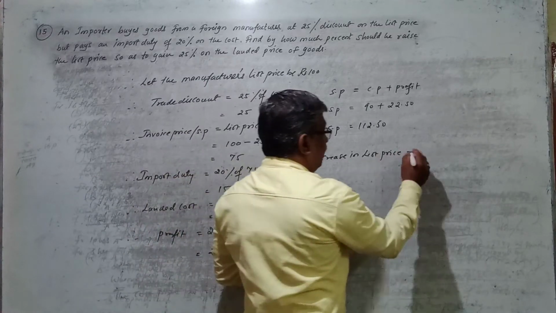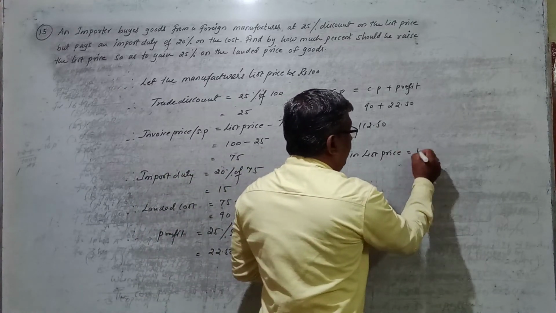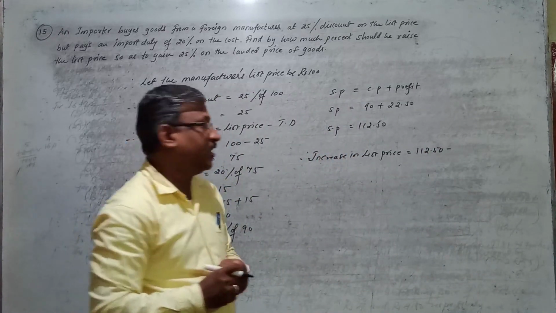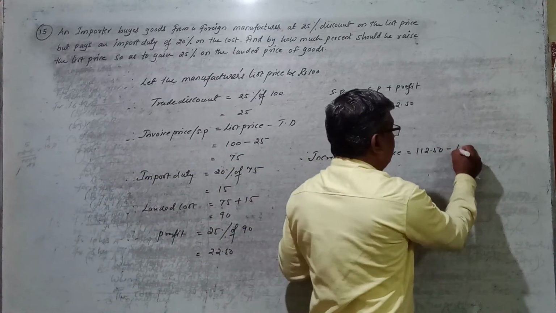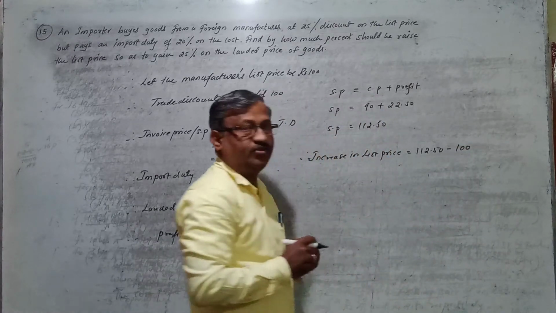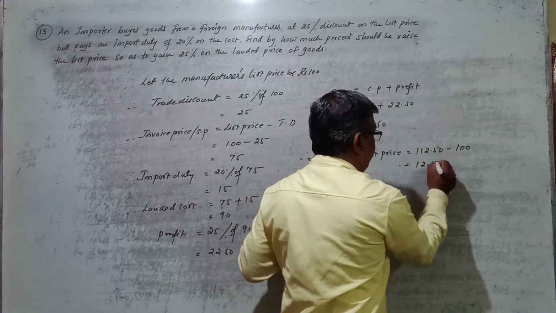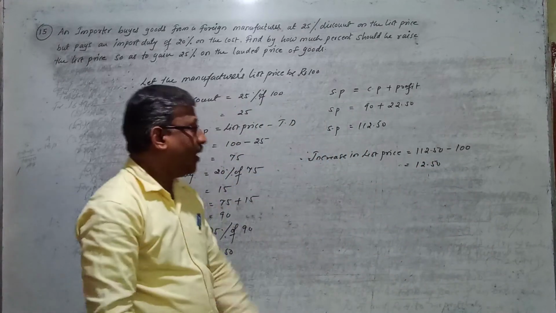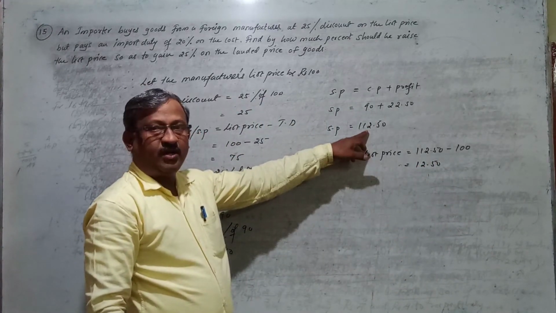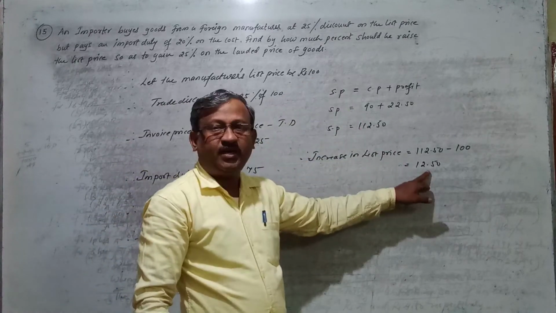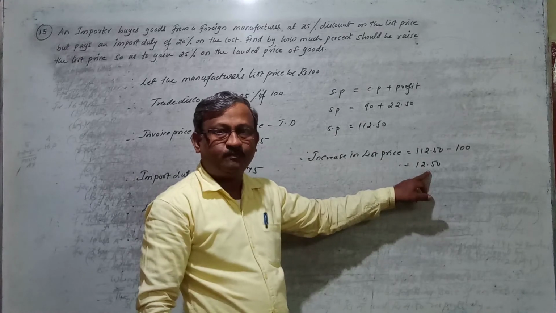Increase in list price is equal to the importer's selling price minus the manufacturer's list price. So it comes to 12 rupees 50 paise. It means to get this price, 112 rupees 50 paise, we have to increase the manufacturer's list price by 12 rupees 50 paise. Clear?